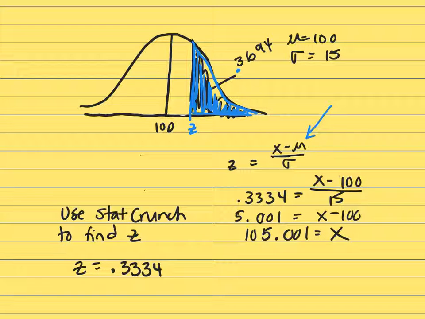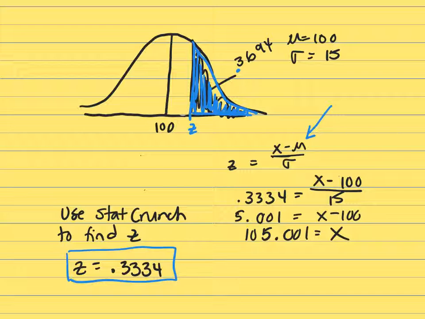And then where it said 0.5, I put in 0.3694, and I clicked on compute, and it gave me the z value is 0.333442888. And I rounded that to 4 decimal places, and I did that here.